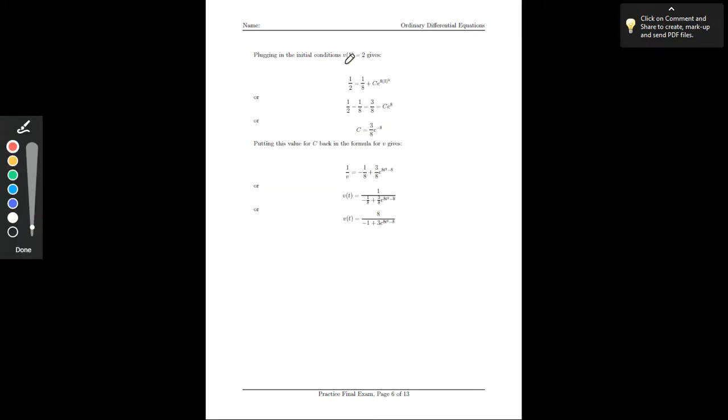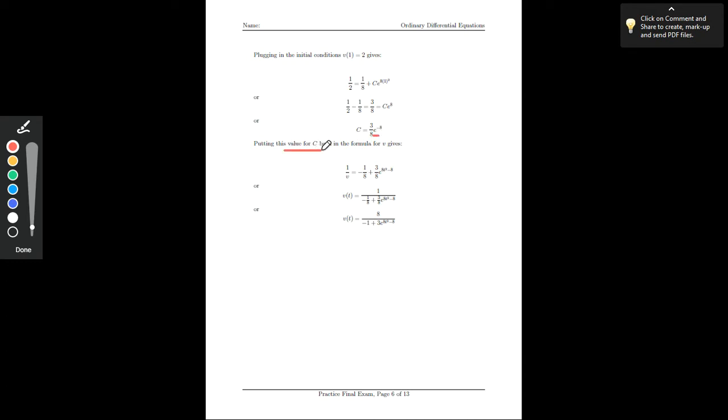When we plug in the initial condition, v of 1 is 2, we get 1 over 2 is equal to 1 over 8 plus c e to the 8 times 1 squared, which is just e to the 8. 1/2 minus 1/8 is 3/8 because 1/2 is 4/8. 4 minus 1 is 3. So we can solve for c. It's 3/8 e to the minus 8.